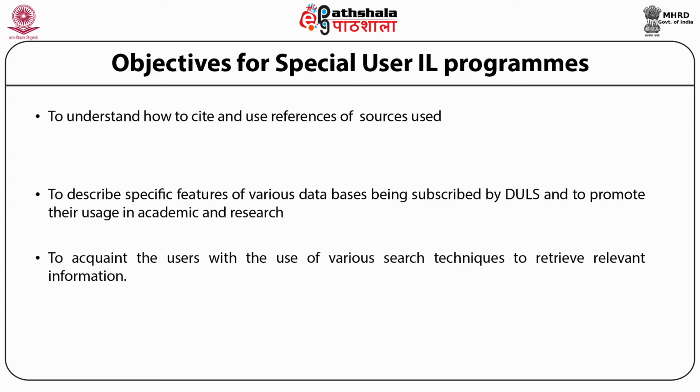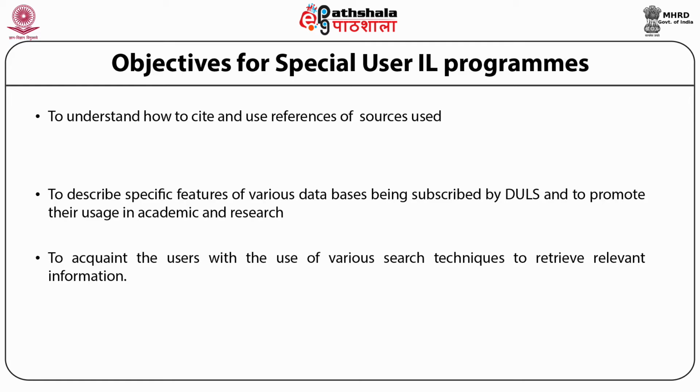Next, to acquaint the users with the use of various searching techniques to retrieve the relevant information. Within this objective, the library is trying to make the scholars and the faculty members aware of what different searching techniques are available with respect to different databases, as well as in a general way, so that the users can search the information efficiently, either with the basic search, advanced search, free text search, keyword search.